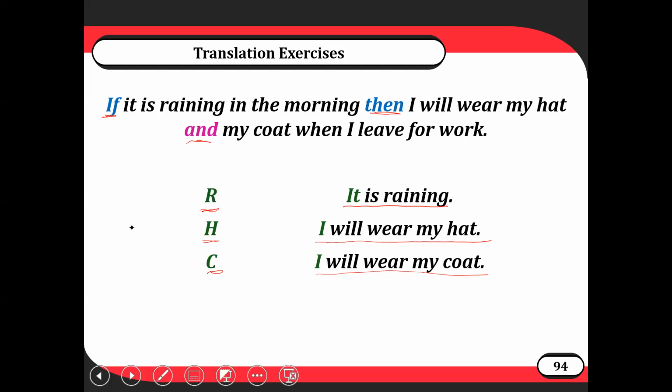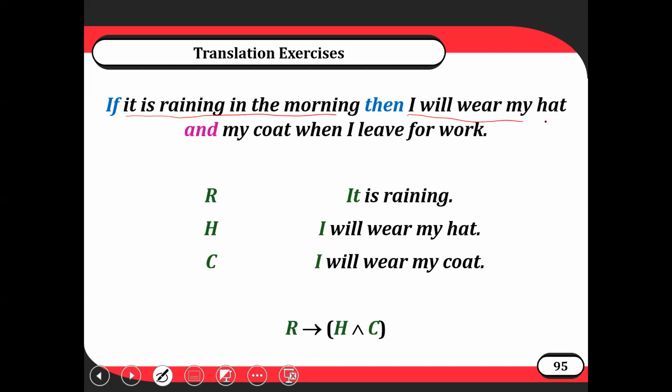And then, now we want to express this as a logical expression. So we're going to say, if it is raining, if A, then B. So that's sort of R implies whatever this entire proposition is, and then we can break that proposition down further around this "and" keyword.